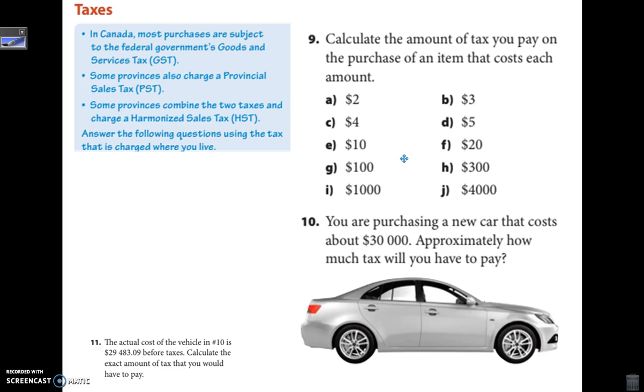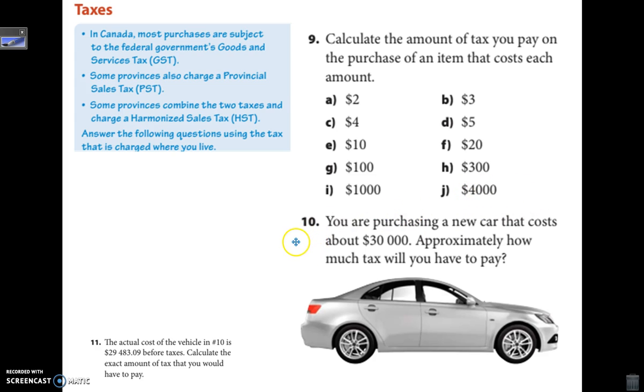So 10% of 100 is 10, and half of 10 is 5, so $10 and $5, $15 tax. Or if you just want to multiply it by 0.15, you can do that. So 15% of $1,000 is $150. Same thing with the other questions.